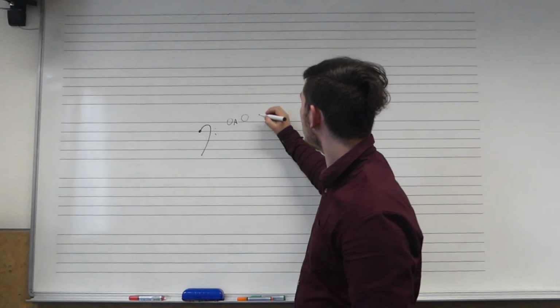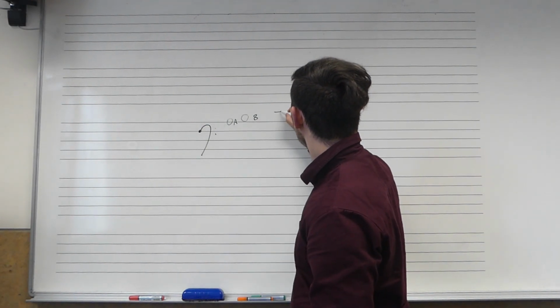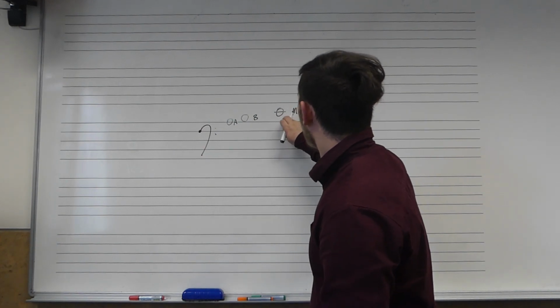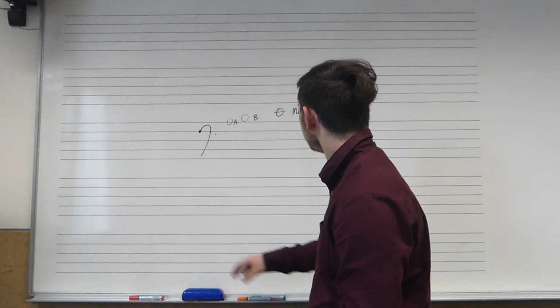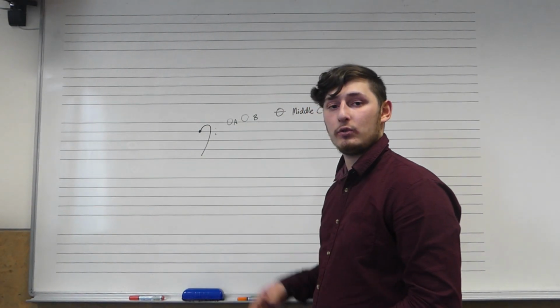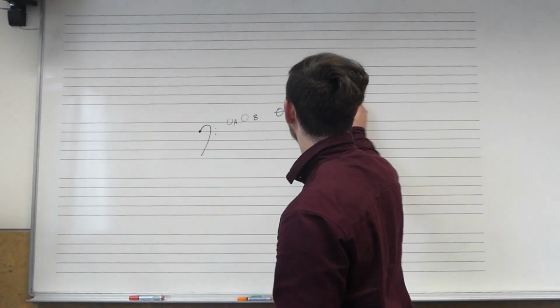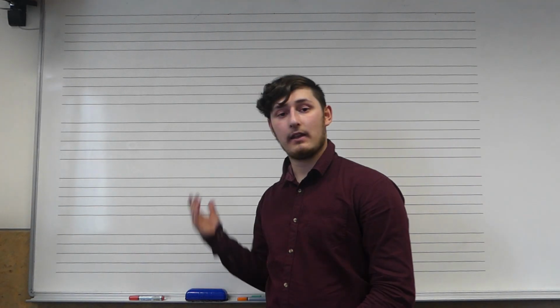So we go A, then B, and then here we have middle C. And that introduces a new ledger line. Similar to below, you can work out the notes below. And that's the bass clef.